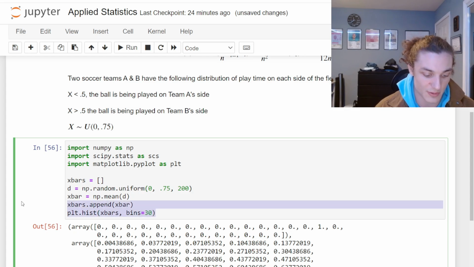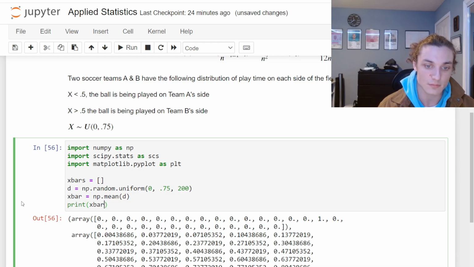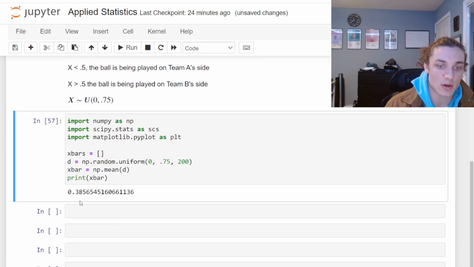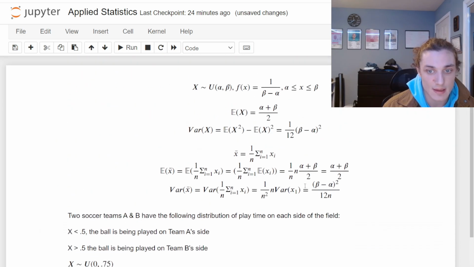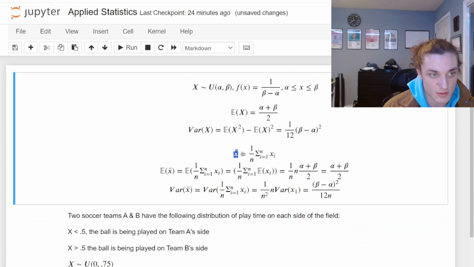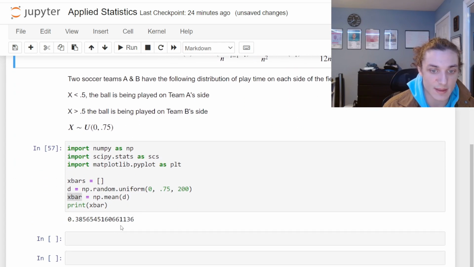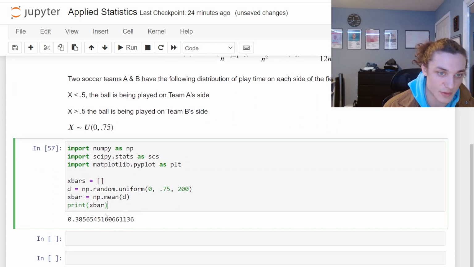So I'm just going to go ahead and print X bar. This right here is our sample average, our X bar. We're applying the sample average to this data, and we are receiving an estimate for the population average.